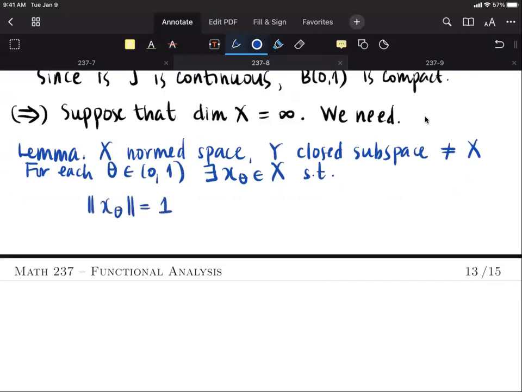In other words, it has norm 1, and the distance of this x theta to the closed subspace Y is greater than 1 minus theta.